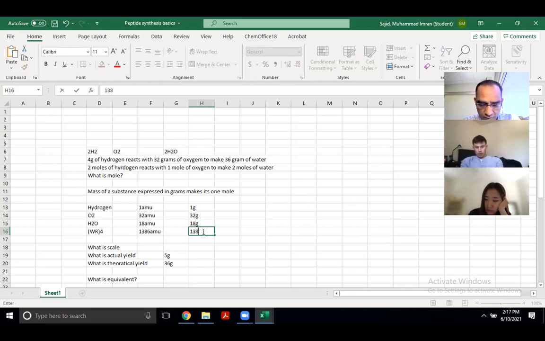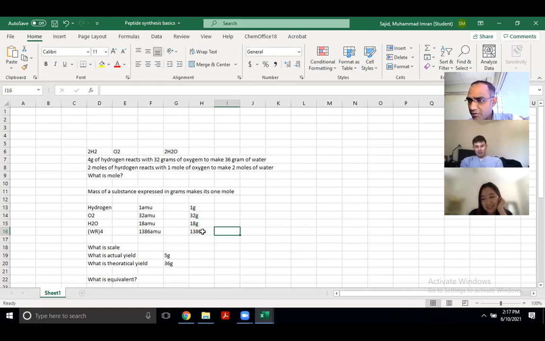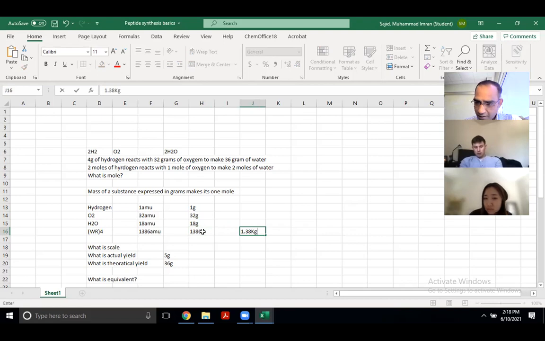That is what I wanted to hear. So is it a big amount or small amount? Big amount. How much in kg? 1.38 kilogram. Can you hold it in your hand?